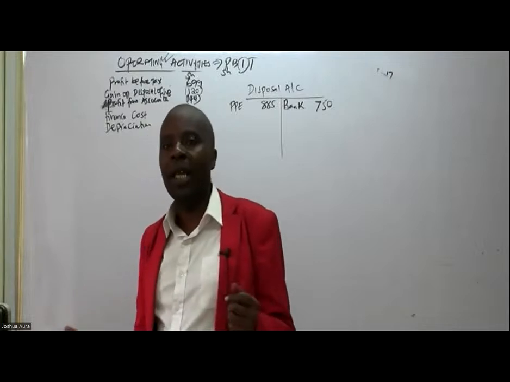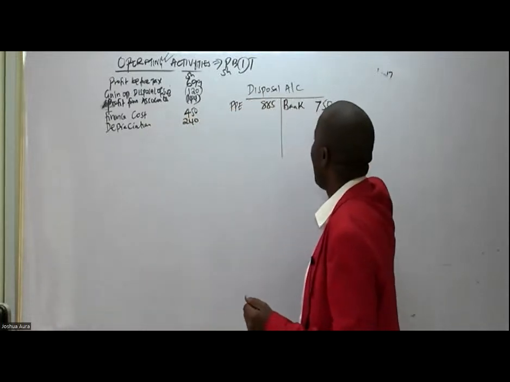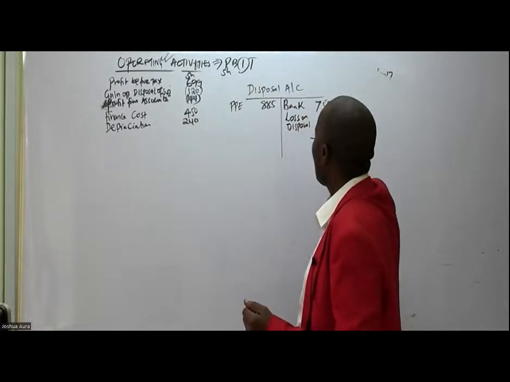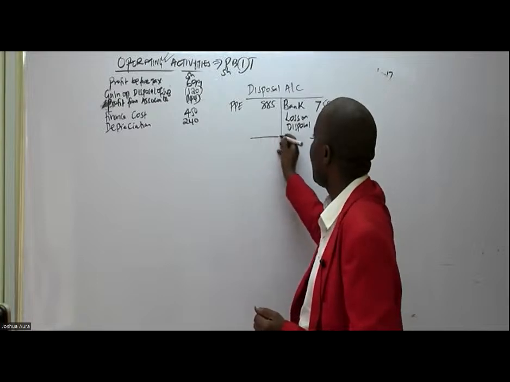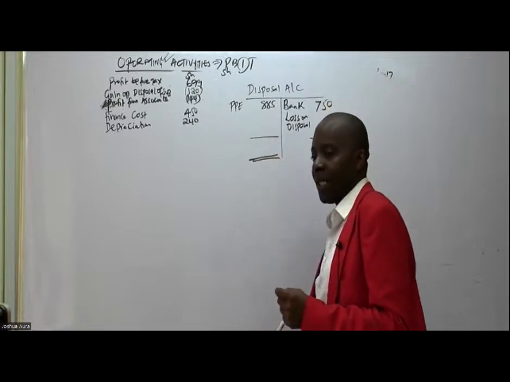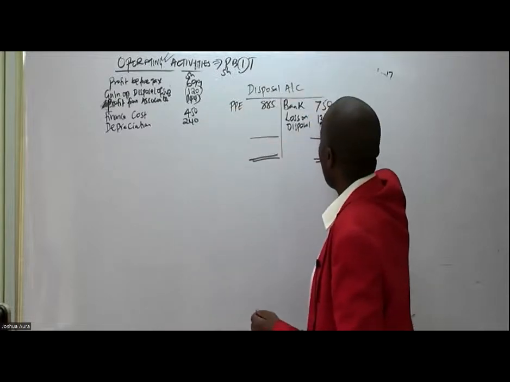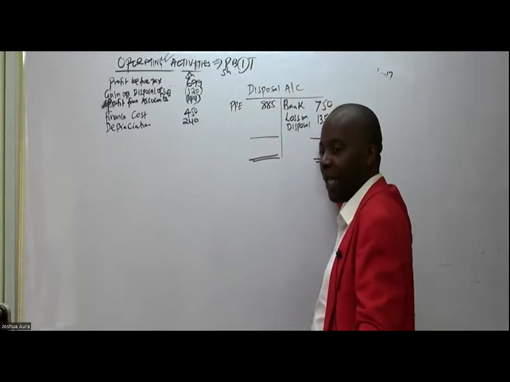So the difference will be, of course, a gain or a loss, depending on where the item appears. I can see the balancing figure comes here. So that must be a loss on disposal of 135. It's a loss, so I credit this account and then I debit the P&L.